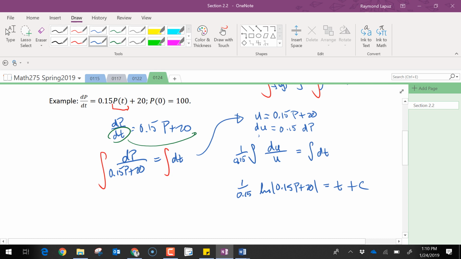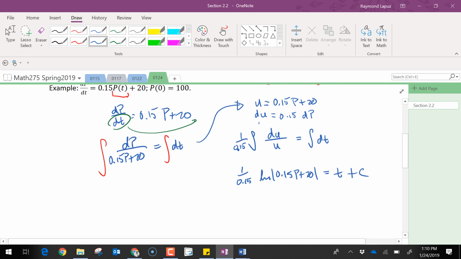Okay. Now this is one of those cases where it should be manageable to solve for p, so that we can have it as an explicit solution. Eddie? No, we don't do plus c on the left side.